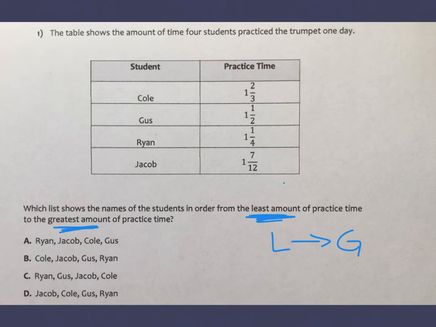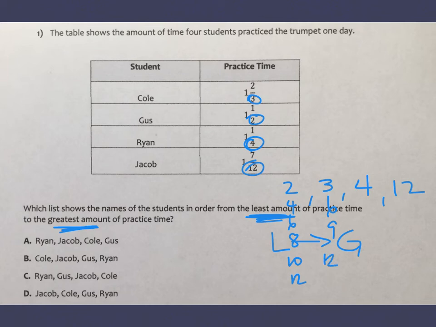So with 2, 3, 4, and 12 as my denominators, they each share a common multiple, right? 2, 4, 6, 8, 10, 12; 3, 6, 9, 12; 4, 8, 12; and 12. It looks like they all share the multiple of 12.